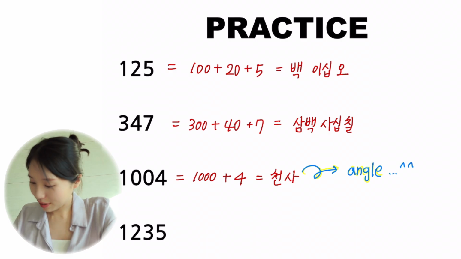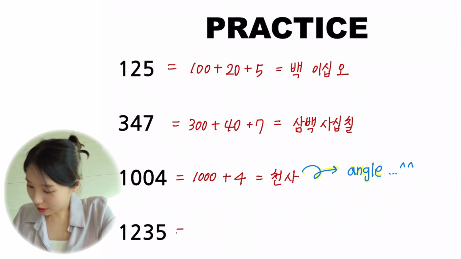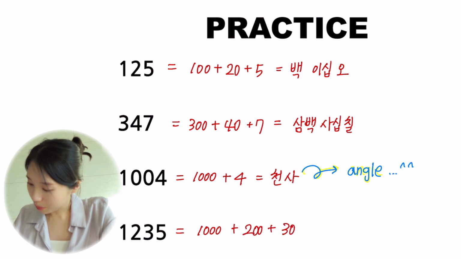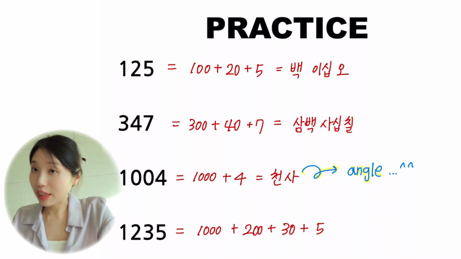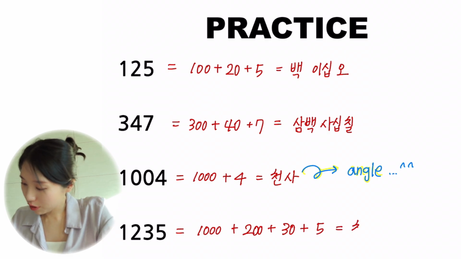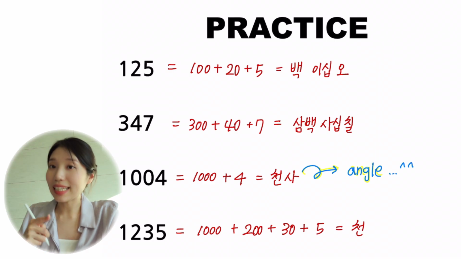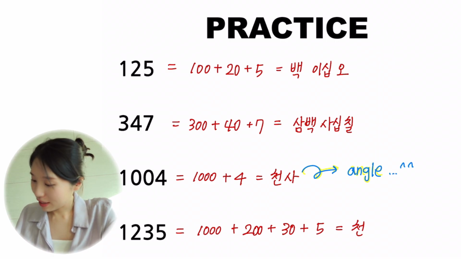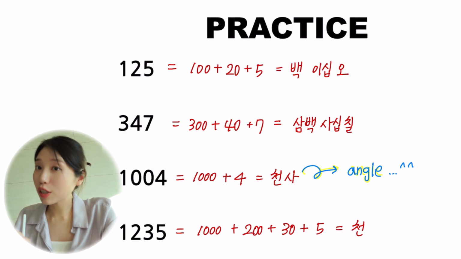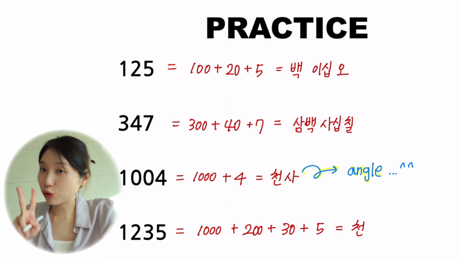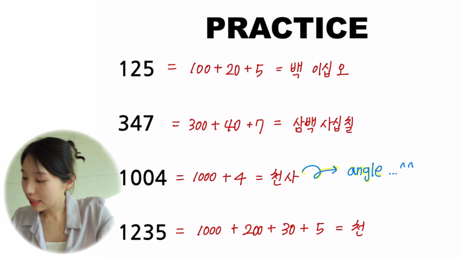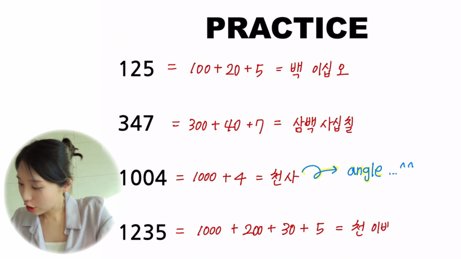Okay, we're doing great. Okay, the next. It's 1000 plus 200 plus 30 plus 5. 1000 was 천. By the way, if it's 2000, you can just say 이천. 3000, 삼천. Okay. And 200, 100 was 백, and there are 2 hundreds, so 이백.